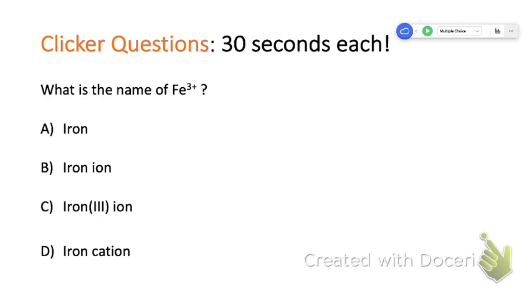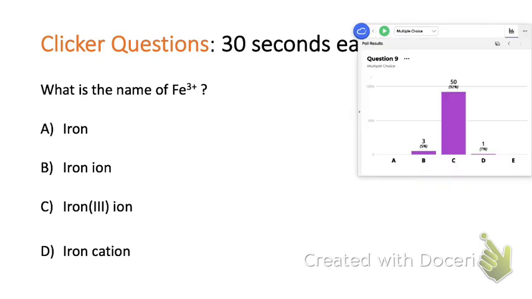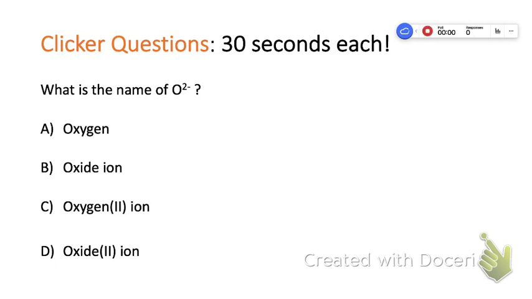Okay, and? And it can have multiple charges, so since it's +3, it's the 3 Roman numeral. Okay, and if we had had this as an answer, would that have been correct? No, because that doesn't say an ion, so we'd have to make sure to do that. So, majority of the class agreed with you. All right, next one.